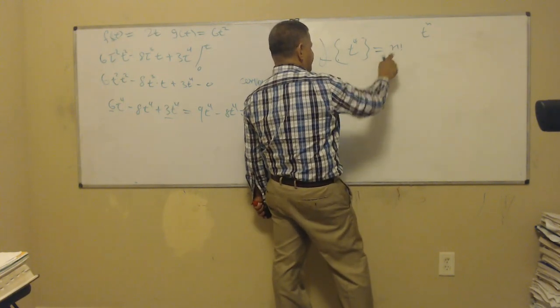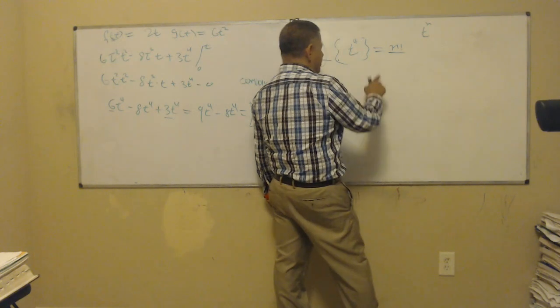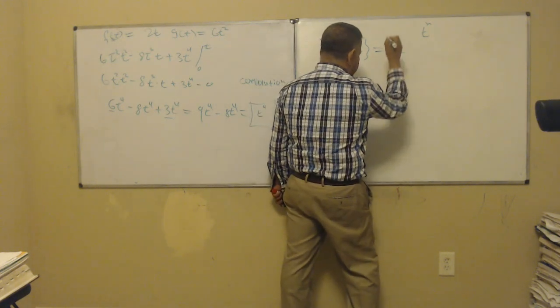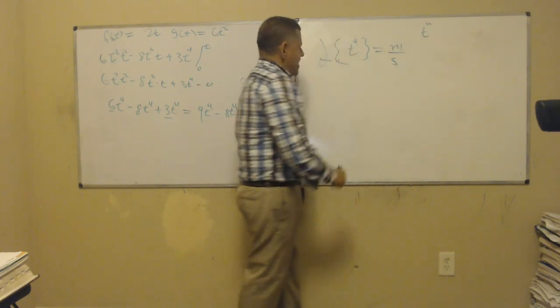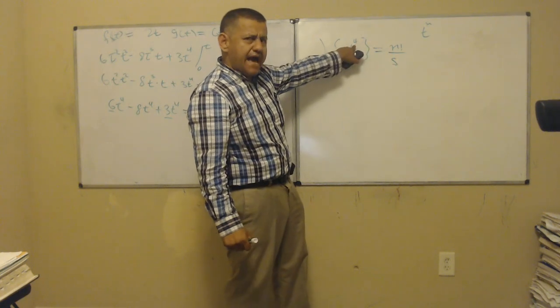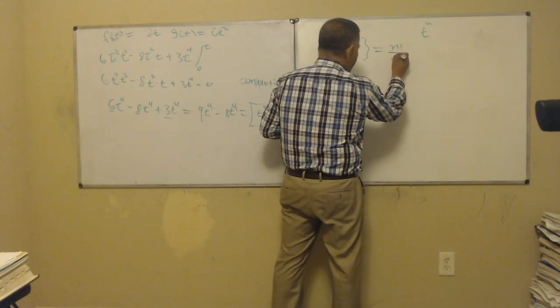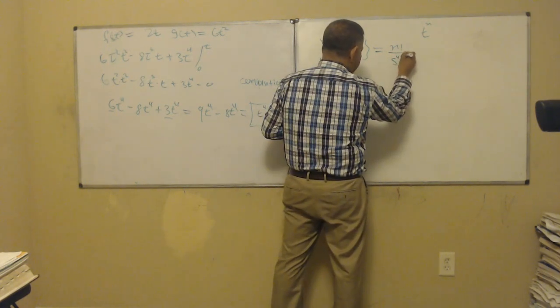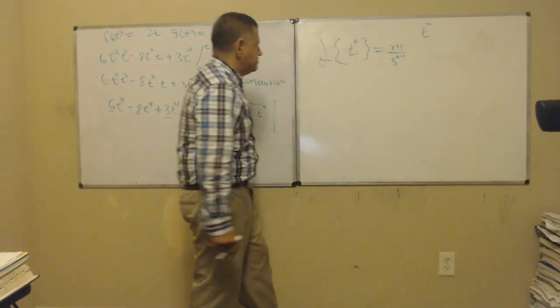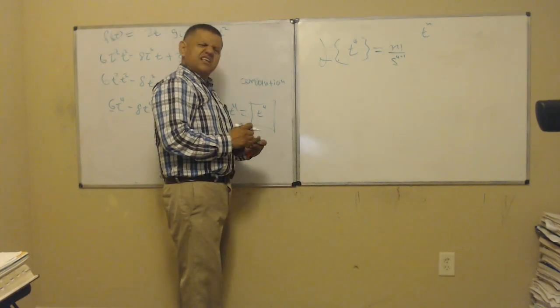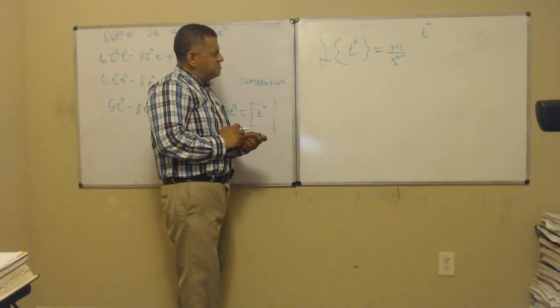Then in the bottom, I put s to the exponent that I initially have, plus 1. What is the exponent? It's 4. So 4 plus 1.